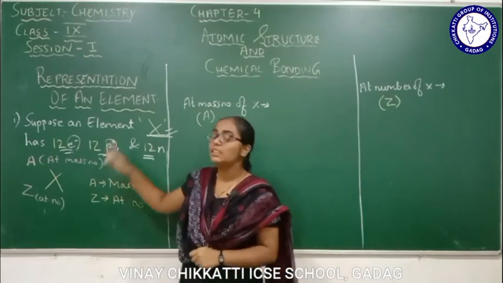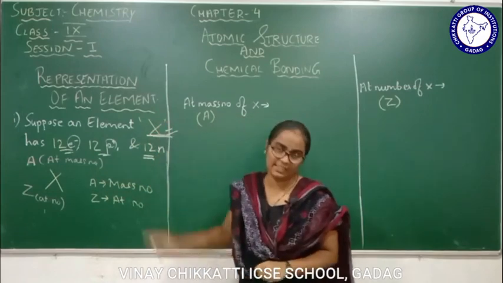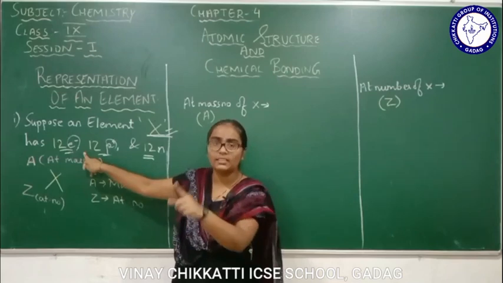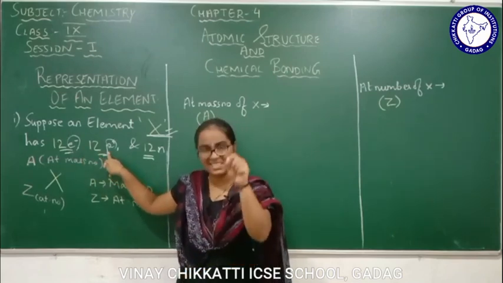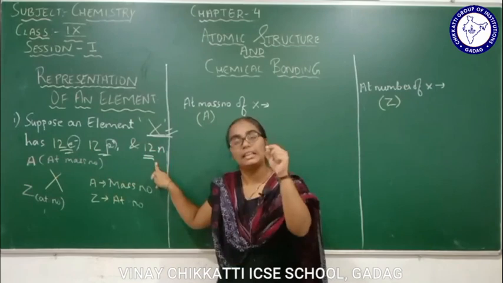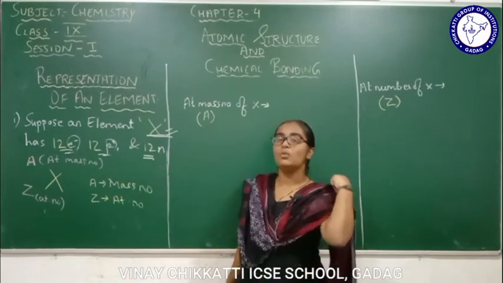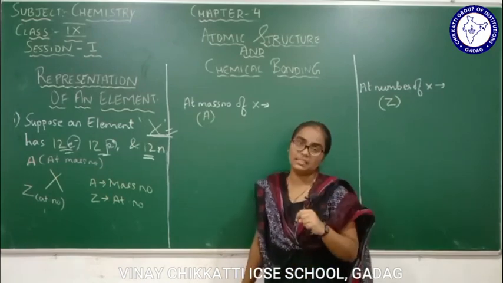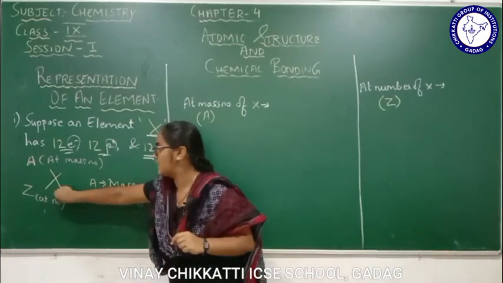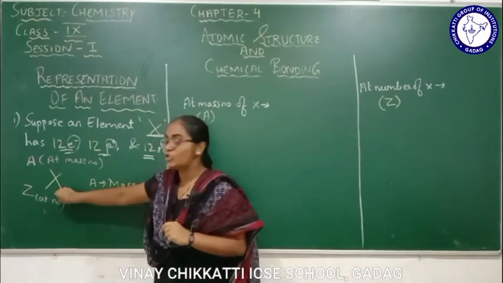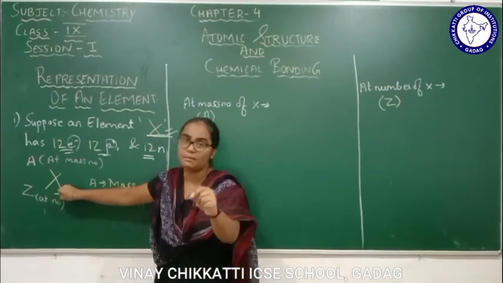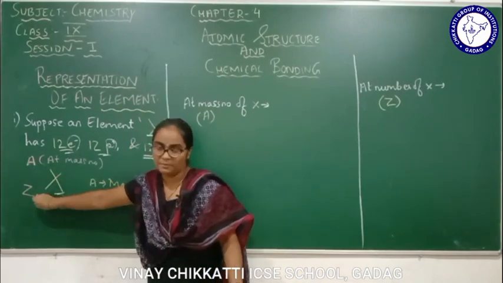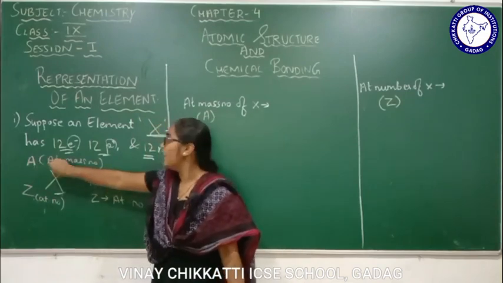Suppose an element is there whose symbol is X, and it has 12 electrons revolving in an orbit, 12 protons present in the nucleus and 12 neutrons again present in the nucleus. So how to give the representation for the symbol X of an element? If this element has to be denoted with atomic mass number first and atomic number second, you have to denote it in this manner, where A stands for atomic mass.